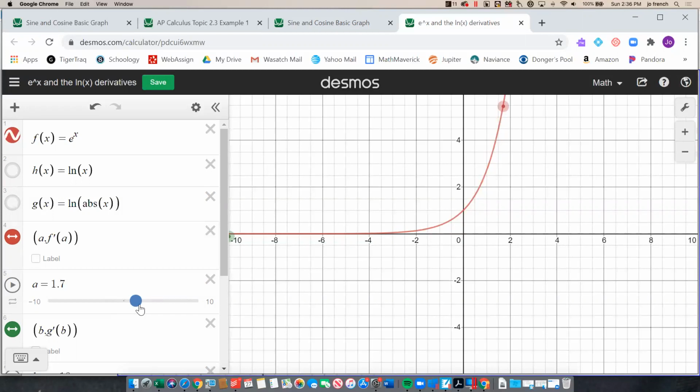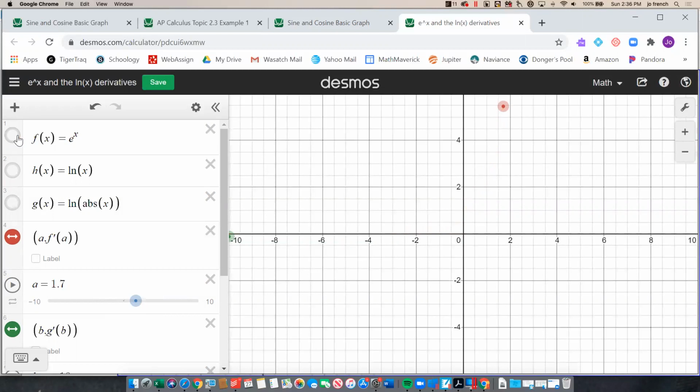Wait, I'm not tracing the graph of e to the x. I'm supposed to be tracing the derivative of the graph of e to the x. But they're actually the exact same thing.